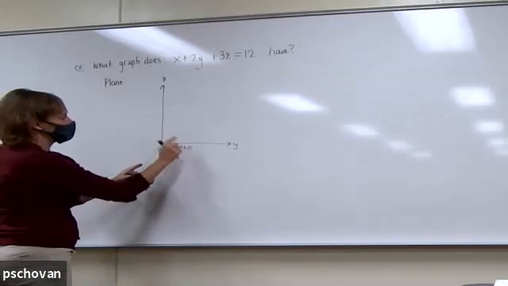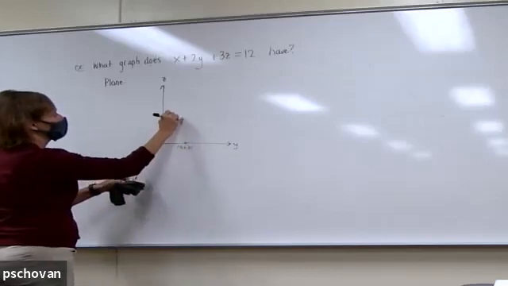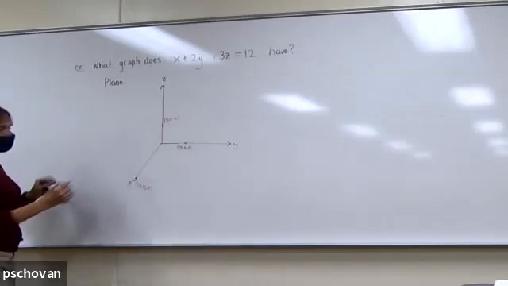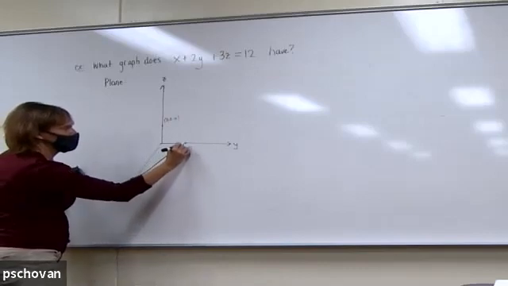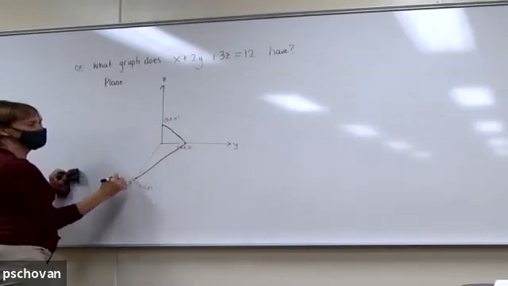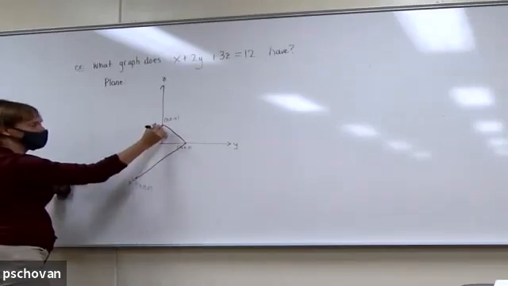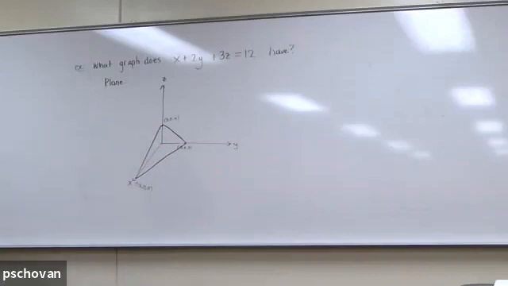My 6 isn't quite far enough out. Let's put it out here. So the trace in the xy plane is this line. The trace in the yz plane is this line. And the trace in the xz plane is this line. But now I want you to use your imagination.